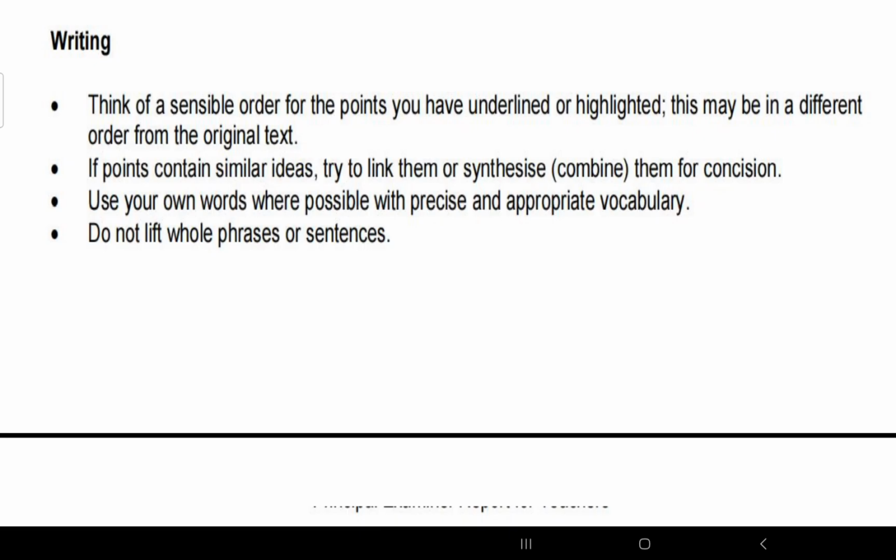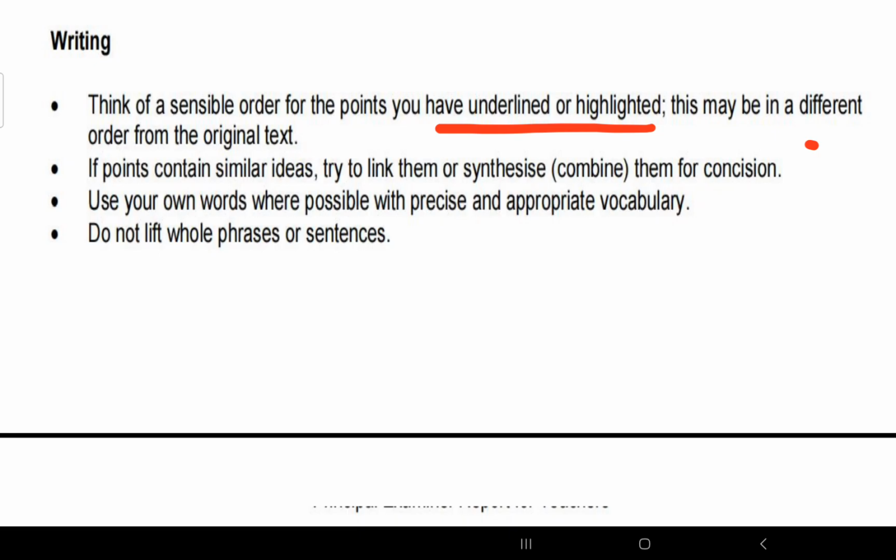Think of a sensible order for the points you have underlined or highlighted. This may be in a different order from the original text. So okay, till now I had been telling my students that they should write the points in chronological order.